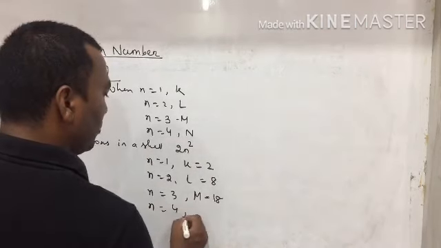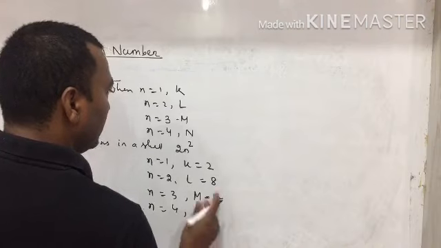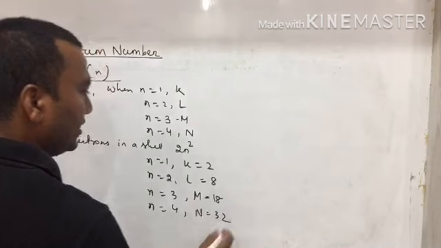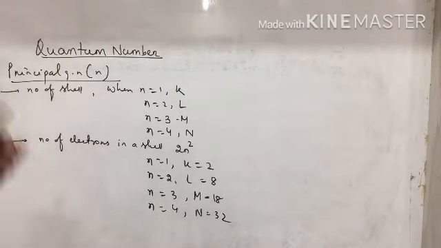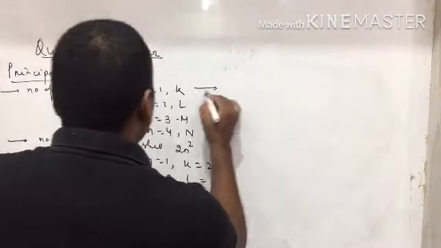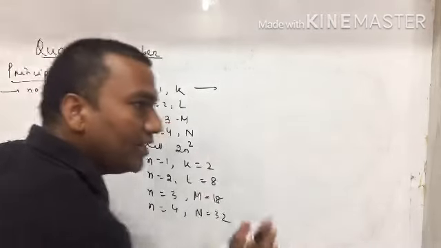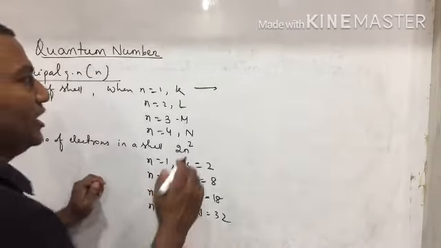N equals 4, the N cell, 4 square is 16, into 2 is 32, like this. So the second piece of information the principal quantum number explains is the number of electrons in a cell. Clear? Then the third piece of information is the energy of an electron in a cell.